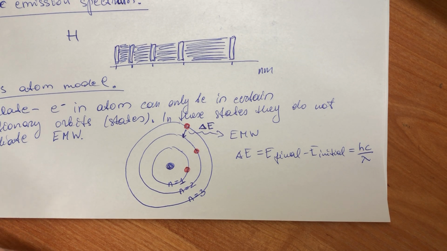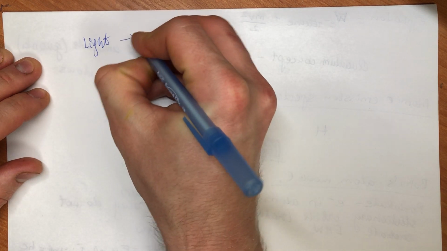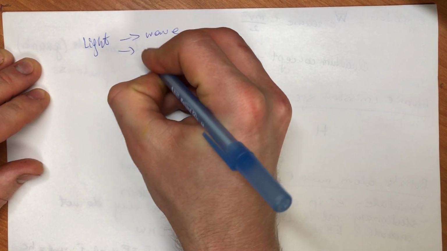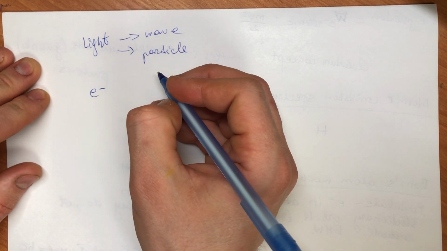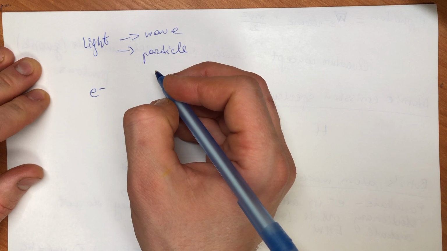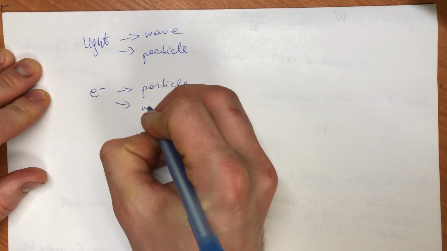So what we see in quantum mechanics is that a photon can be thought of as a wave and as a particle. It means that light can be thought of as a wave and a particle. So the electron is a very small particle, or it can be thought of as a wave also.